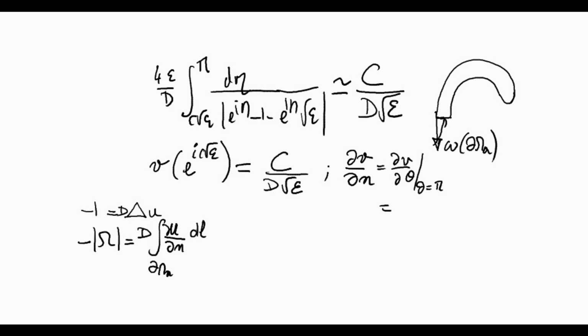we can either use the direct expression for v, and this is given by minus epsilon divided by d, integration from c square root epsilon to pi d theta, and the classical denominator, so this is here to the power 4, which is equal to minus a constant d square root epsilon.